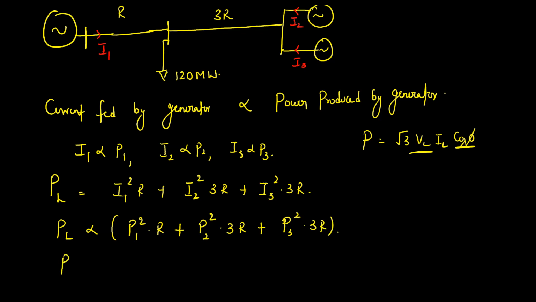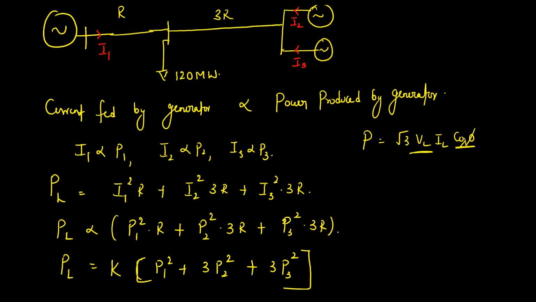We can write PL as some constant K, in which I am also including the common resistance R, into P1 square plus 3P2 square plus 3P3 square. Now you substitute all four options that are given, and whichever option gives you minimum losses is the optimal load scheduling.